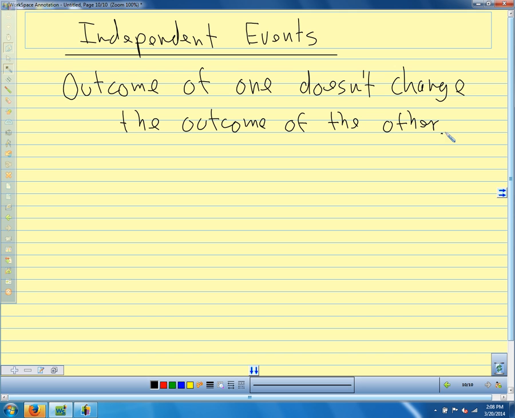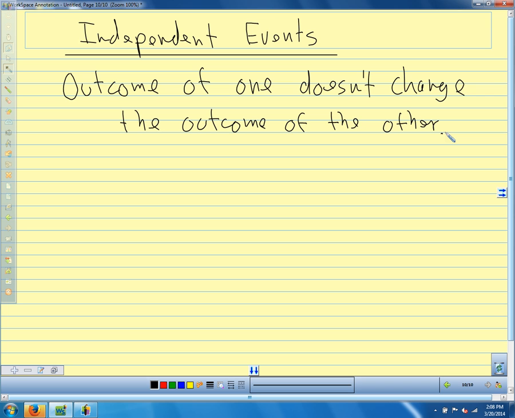A couple of easy examples of independent events: flipping a coin and rolling a die. What happens with the coin doesn't change what happens with the die. Drawing a card out of the deck and rolling a die. The two don't change each other. So those are independent events.